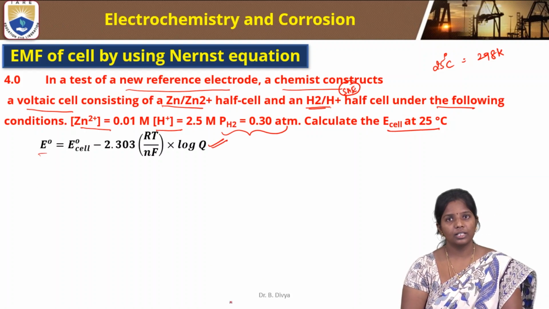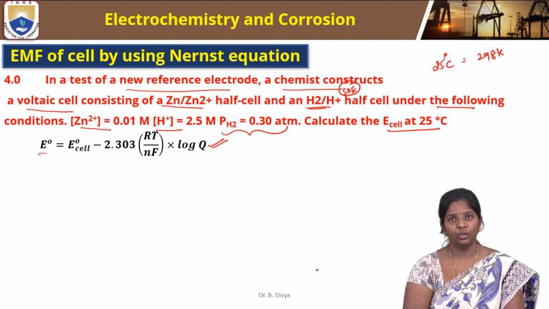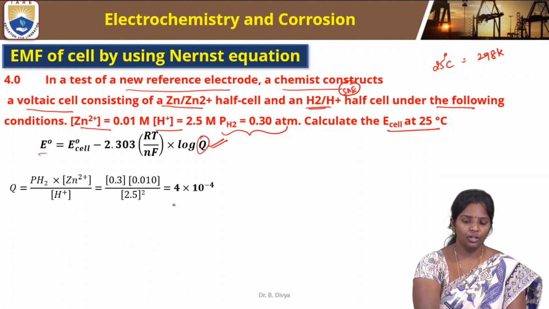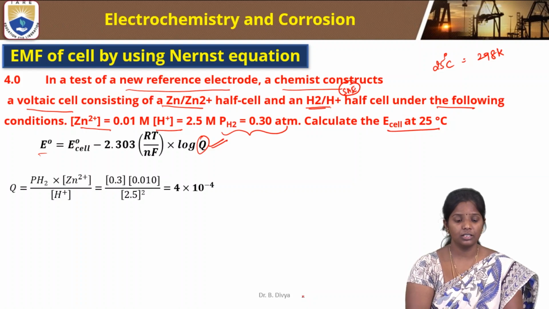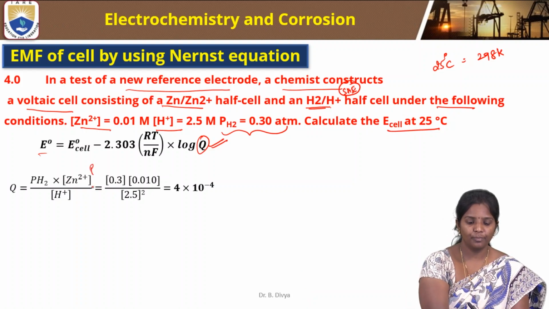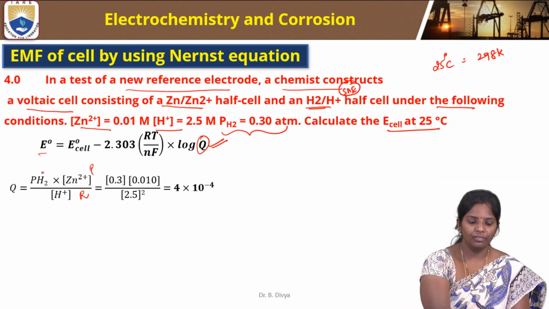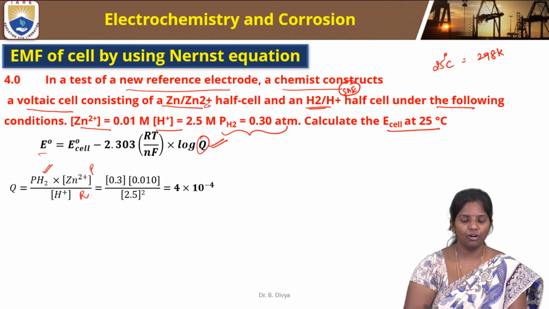E is equal to E0 cell minus 2.303 RT by nF into log Q. Q is the reaction coefficient. So we have to calculate this Q from the molarities or concentrations that are present. So what are the products? Product by reactant. Evolving gas: the gas will go out and the Zn2+ ions are forming.